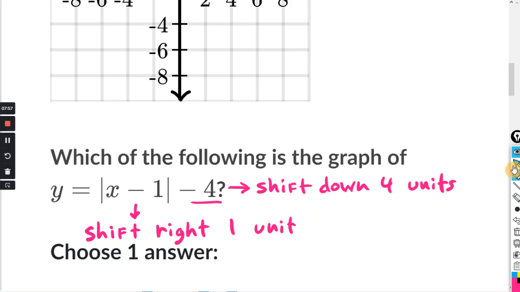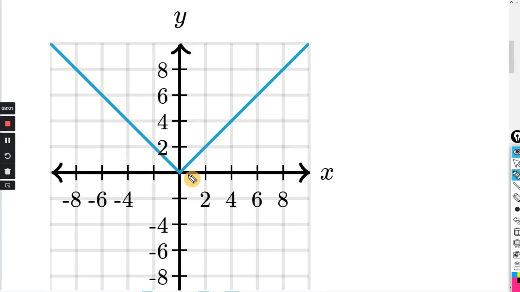So that's what we have to do. Right 1 would be here, and then down 4 would be here. The graph is going to be the same thing, but the vertex is going to be at +1 and -4.